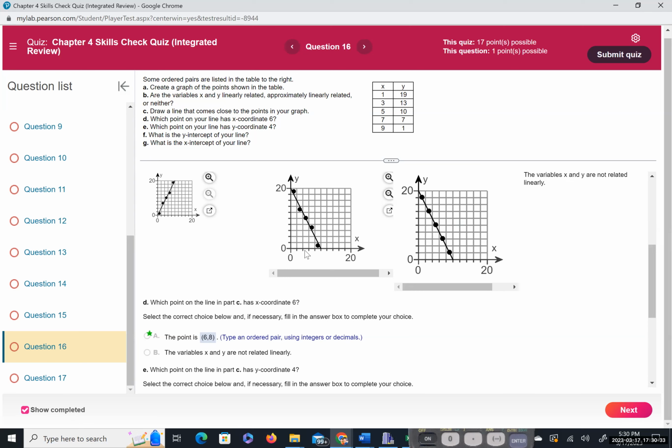That's correct. So 6 is here. Which point on the line in part C has x coordinate 6? So I would say the point is going to be 6 and 2, 4, 6, 8. 6 and 8, right? Oh yeah, it is.